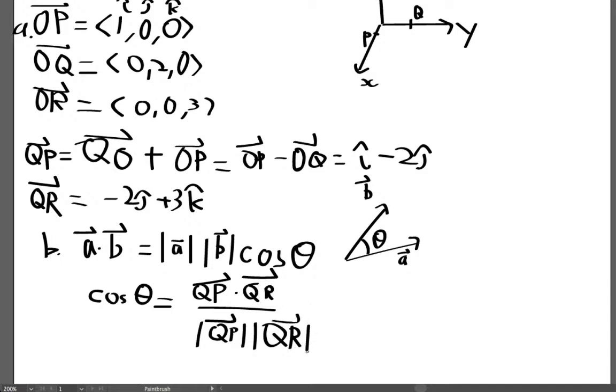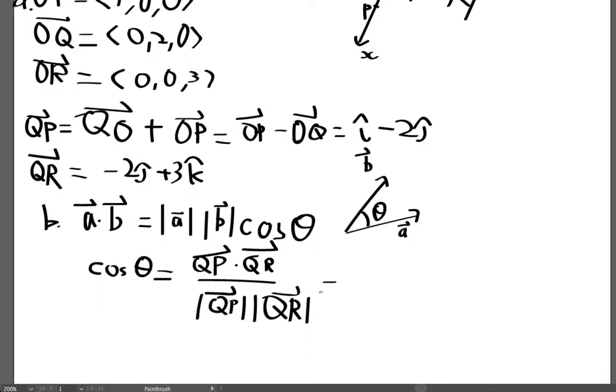Okay, the first thing you want to know is how to compute dot products. It's basically the sum of the products of each of the components. We will do this with QP and QR straight away.